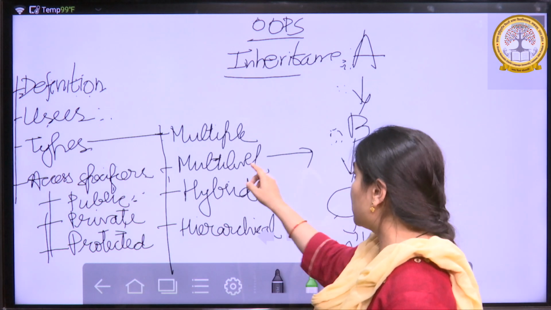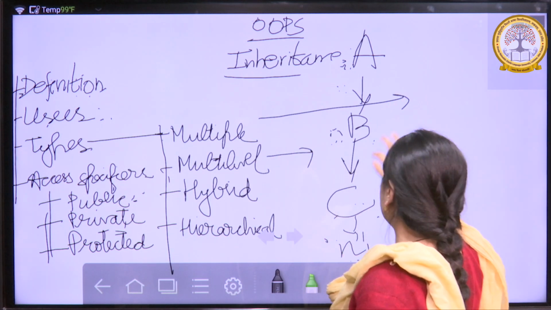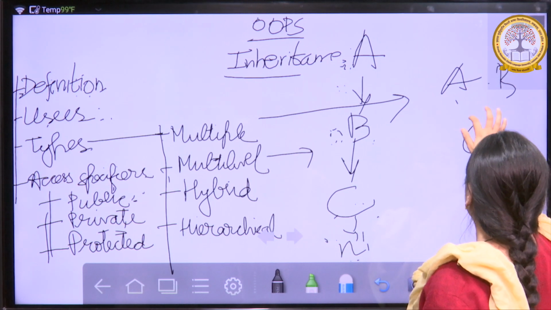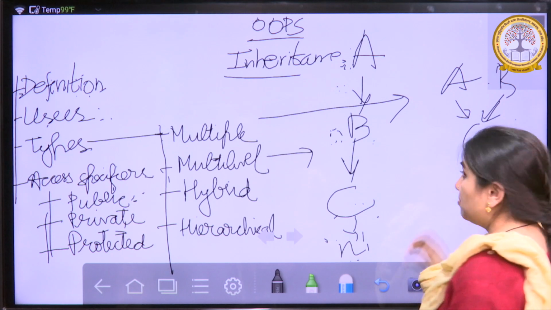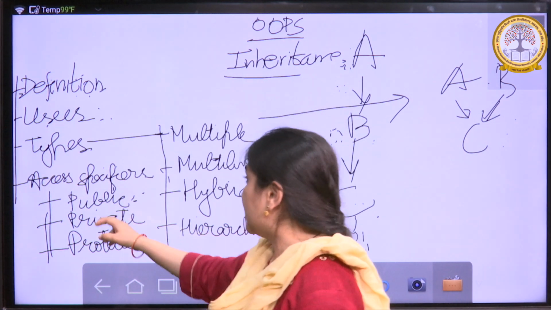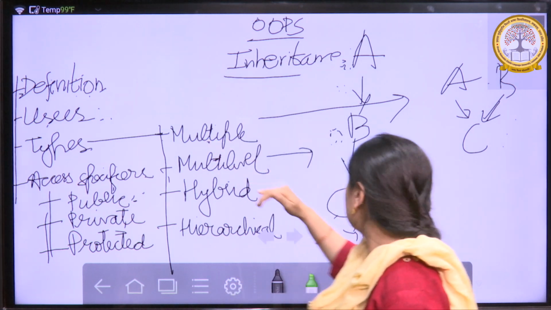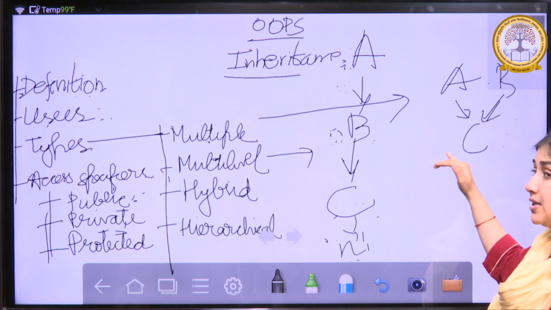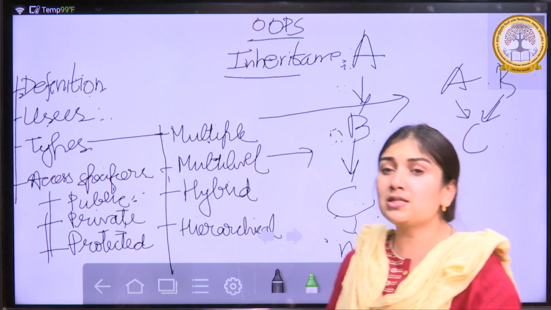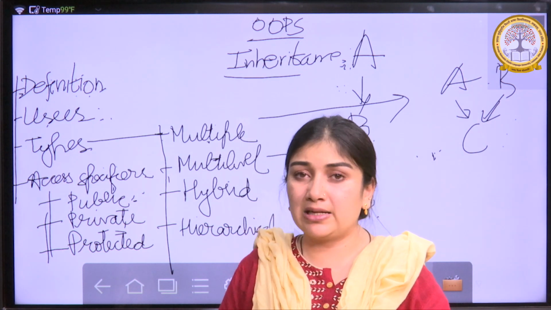So there comes the concept of multiple inheritance, where a child class can have more than one parent class. Multiple inheritance refers to the inheritance where a child class can have more than one parent class.